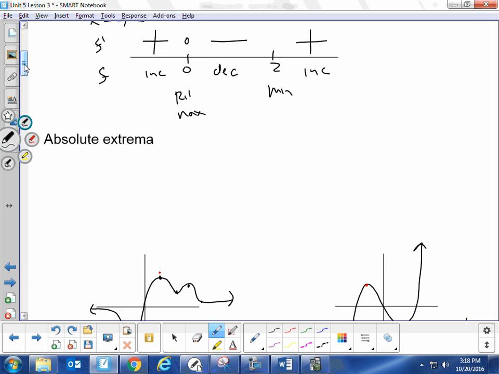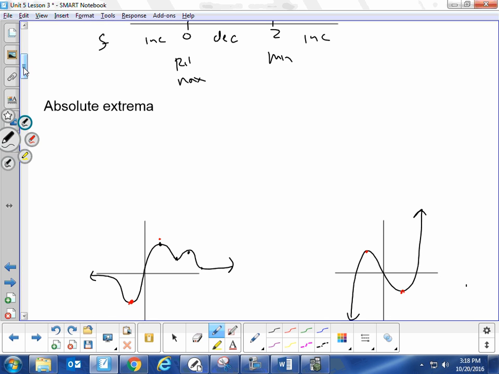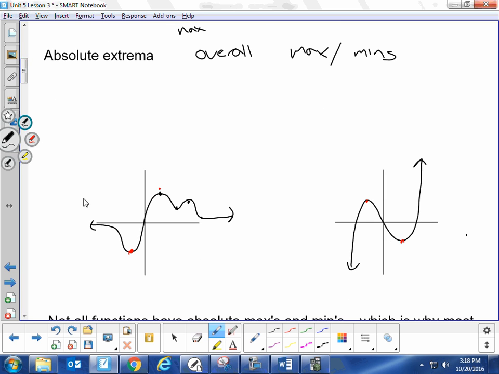Well, absolute extrema are the overall maximum or minimum values of a function. For example, for this graph right here, we have an absolute max.